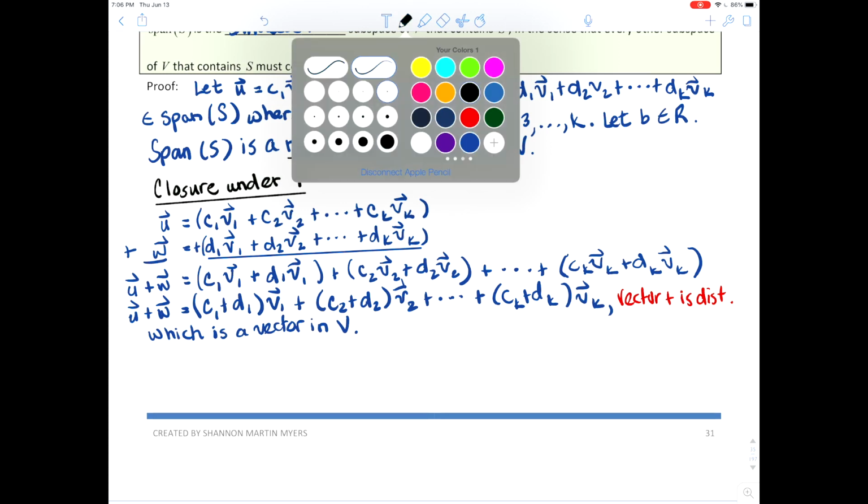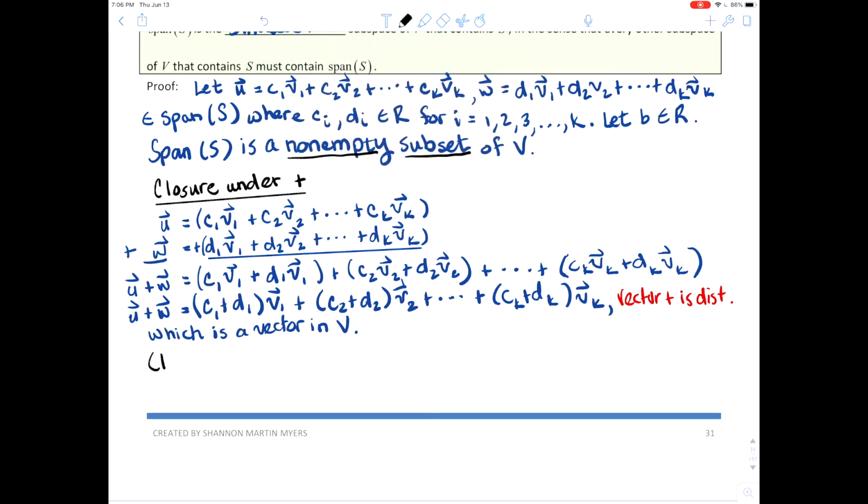Okay, next up, what do we have? Closure under scalar multiplication. We already have the setup for that one. Let's take a look. We called our scalar b, remember?